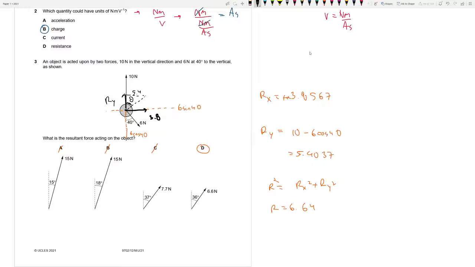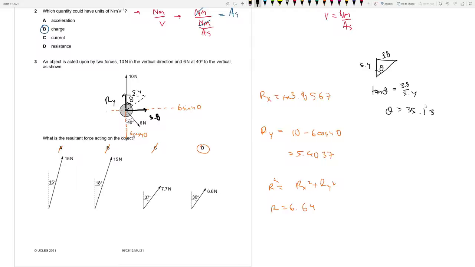In this triangle, one side is 3.8 and the other is 5.4. So tan theta is equal to 3.8 by 5.4. Tan inverse gives a value of 35.13 degrees, so the closest answer is 36.